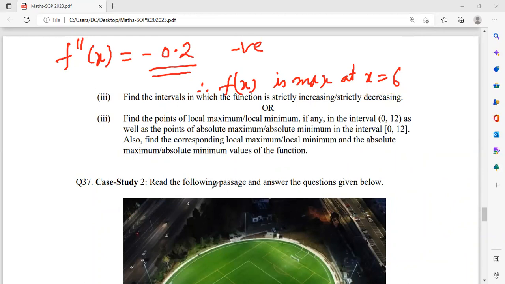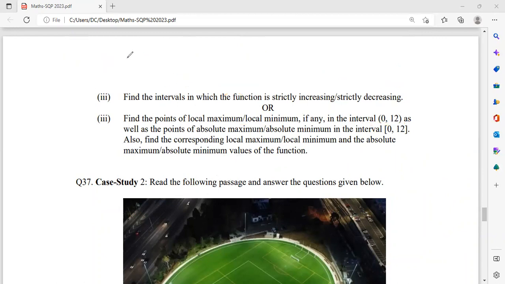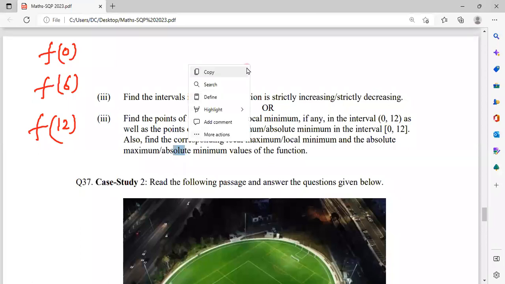And in 12 days, let's see, they are asking for the minima also. So to find the absolute maxima, we only have one local maximum in the open interval 0 to 12. Now for the closed interval 0 to 12, we'll find the value of our function at x equal to 0, we'll find f of 6 and we'll also find f of 12.